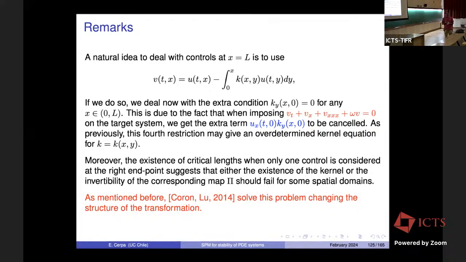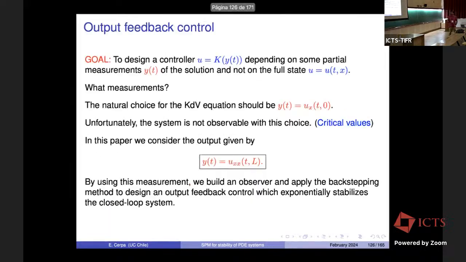The analysis is very hard to perform because the kernel equation, the differential equation, is now not on a triangular domain but just a square, but with a system like a delta on the diagonal, okay? So that makes the system much harder to study, okay? That's one of the difficulties, but Coron and Lü did it, okay? So that is a very nice paper and very hard, okay?